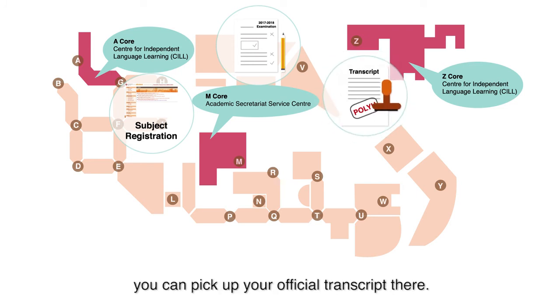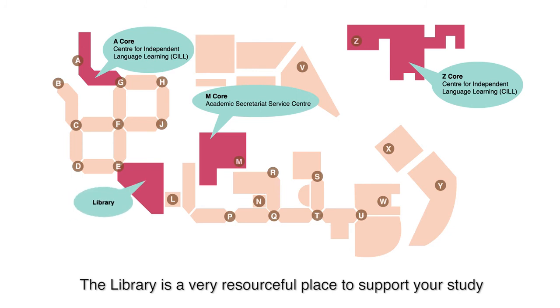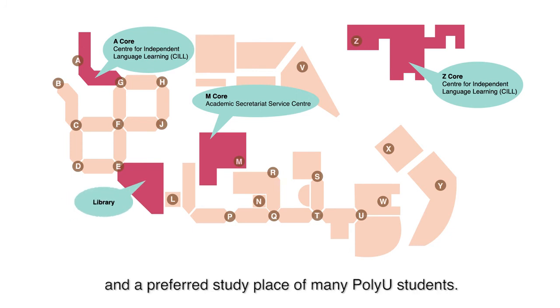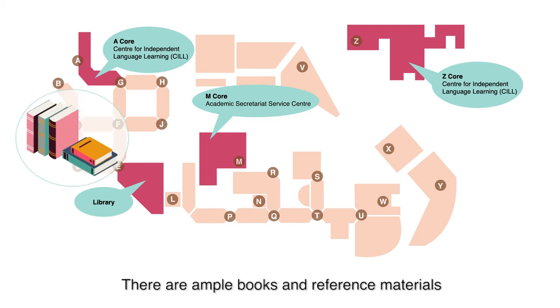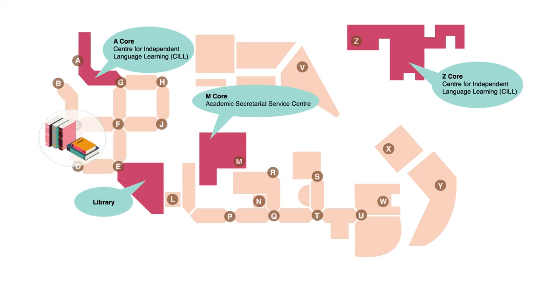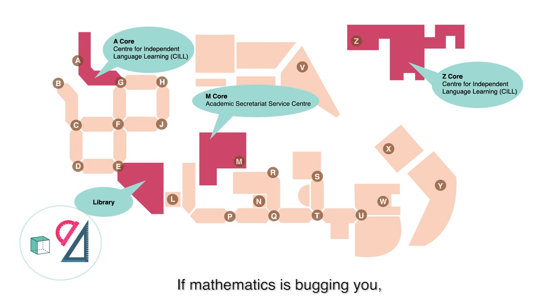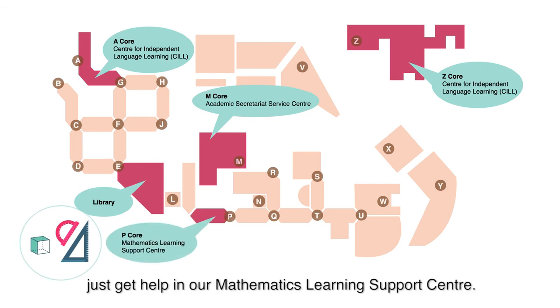The library is a very resourceful place to support your study and a preferred study place of many PolyU students. There are ample books and reference materials to help you prepare your assignments and revise for quizzes and final examinations. If mathematics is bugging you, just get help in our Mathematics Learning Support Center.